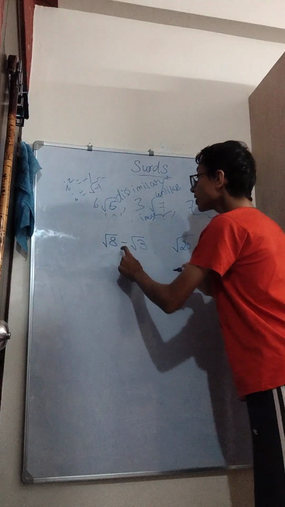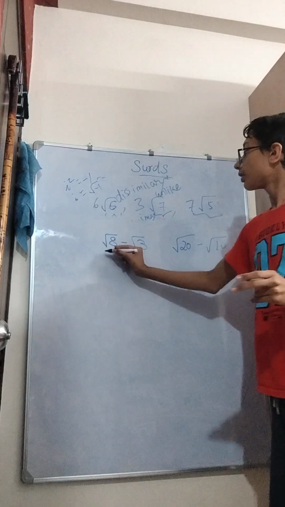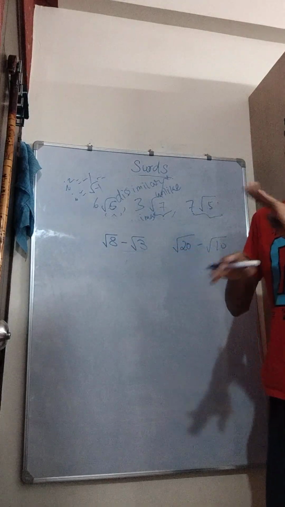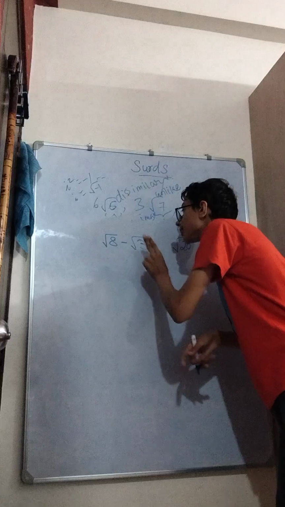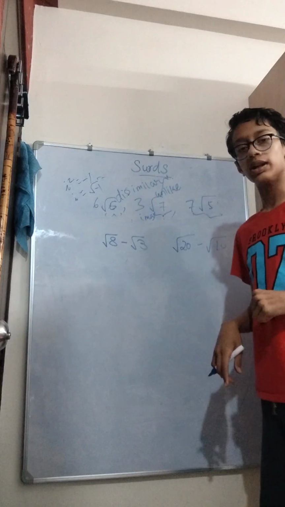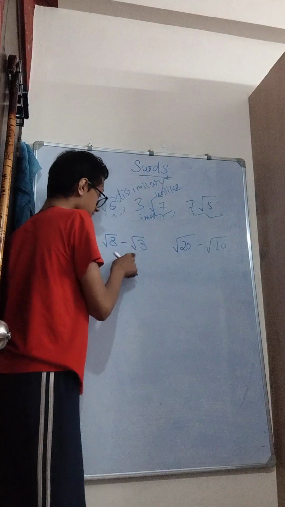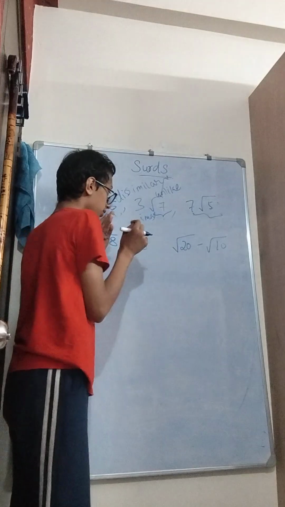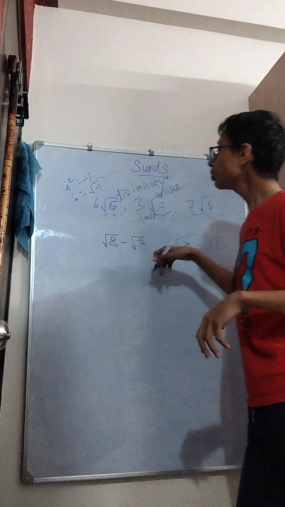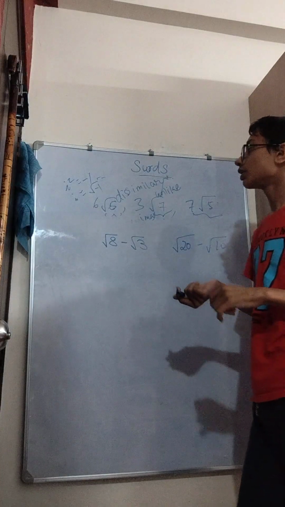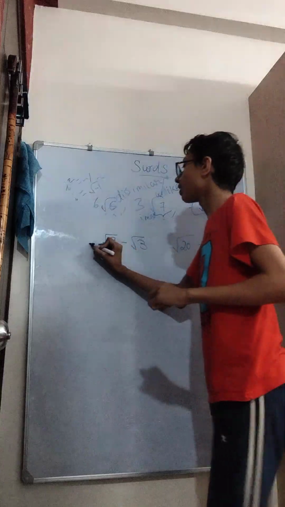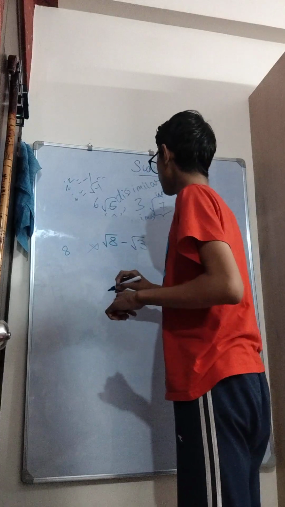Now I want this to become plus. Whatever value the denominator may be, I don't care; I want this to be plus. So how to do that: see here, now do rationalization. Multiply here.